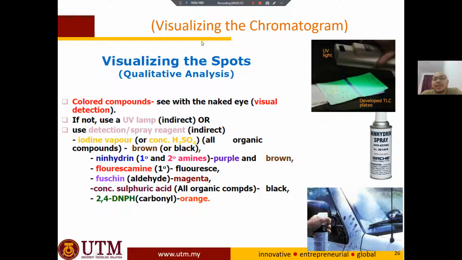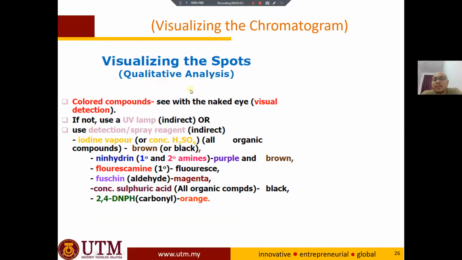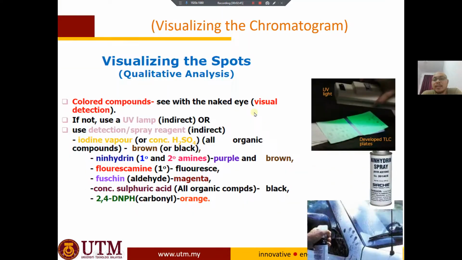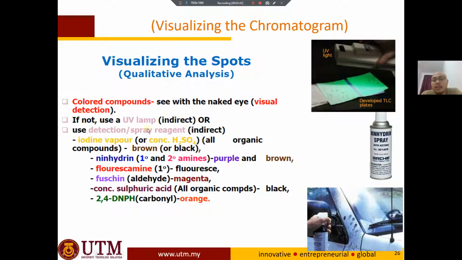So how can we visualize the chromatogram? If it's colored, we can see it with our naked eyes, for example the one that we spotted over here. If not, we can use the UV lamp. Usually I will try the UV lamp first.